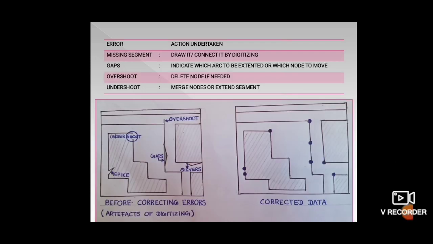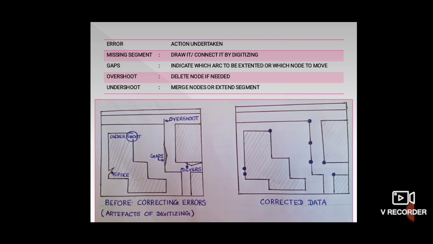What actions can we undertake for such errors? In the case of a missing segment, we can draw it or connect it by the digitizing process. Gaps can be rectified by indicating which arc is to be extended or which node is to be moved.